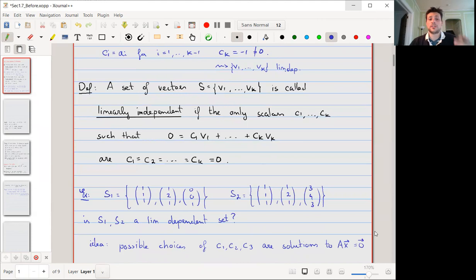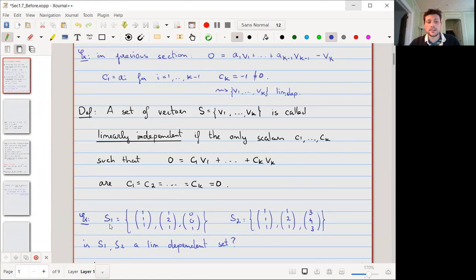Let's play around with this example and see how these two concepts of linear dependency and independency tie up with what we've been doing so far. Here are two sets, S1 and S2. Both contain three vectors, and we want to determine whether the corresponding sets S1 and S2 are linearly dependent or not.